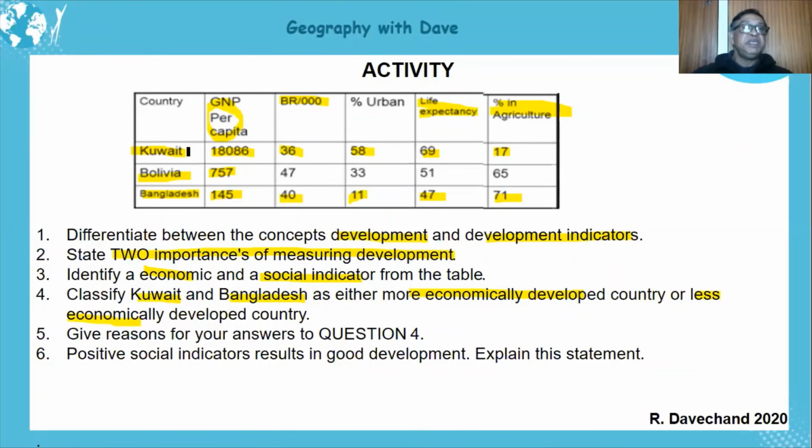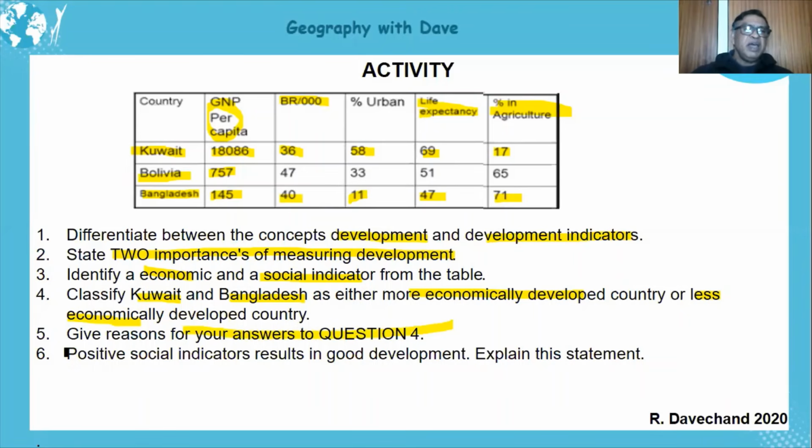You can see the GNP per capita for Kuwait is 18,086, and for Bangladesh is 145. Bangladesh is much lower. Involved in agriculture, you can say Kuwait 17%, Bangladesh 71%. Life expectancy for Kuwait is 69, Bangladesh is much lower, 47. Can you see that's what you give? Give reasons for your answers to question 4.